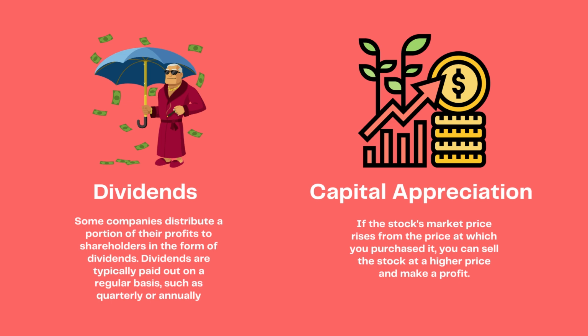And for capital appreciation, basically it's when you buy stock at a lower price and sell it at a higher price. For example, you bought 100 shares of a company at 4 pesos per share, and its price rose to 5 pesos per share, and you sell it.